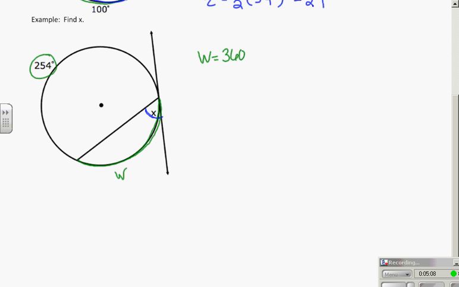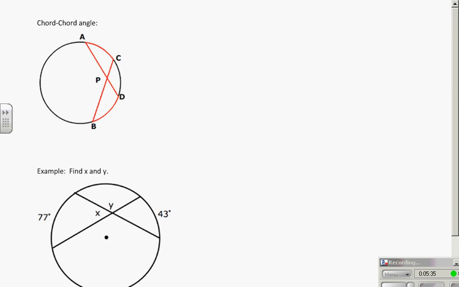So W would be equal to 360 minus 254, so I know my arc is 106. Once I know my arc is 106, now X is 1/2 of 106, or 53 degrees. So sometimes you have to do multiple calculations to get the piece of the arc or the angle that you are after.